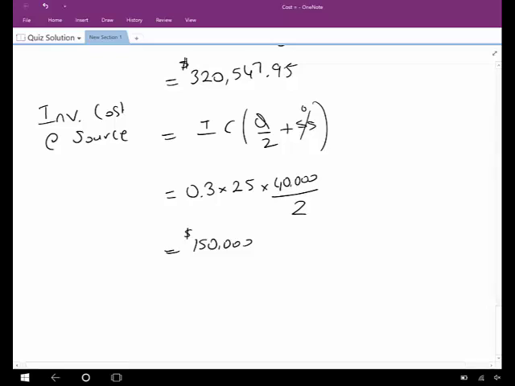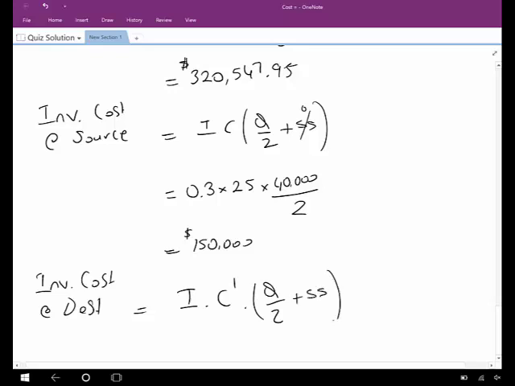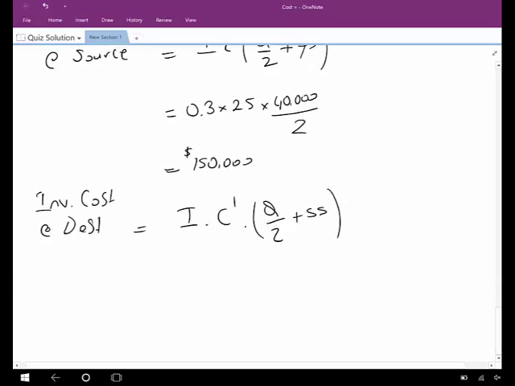Next is inventory cost at destination. This time the formula is I times C prime times Q over 2 plus safety stock. Again, remember safety stock is 0, where C prime is C plus R, that is 25 plus 0.2, so C prime is $25.2.